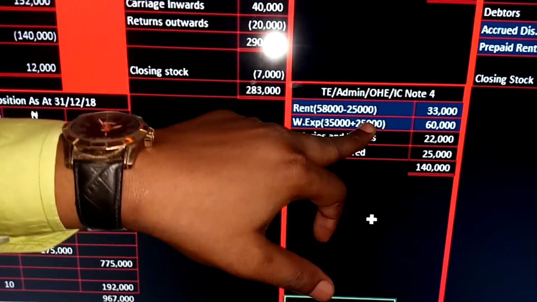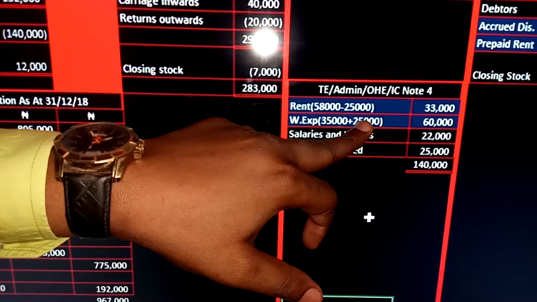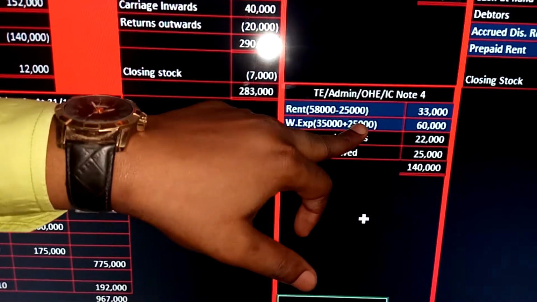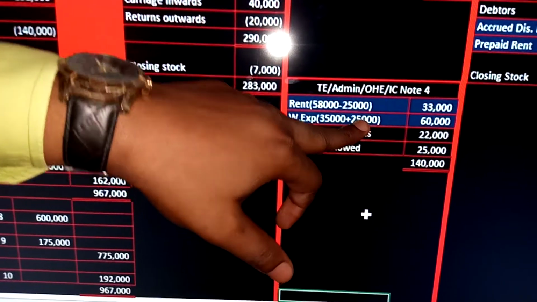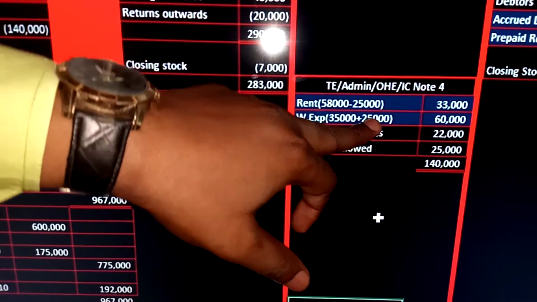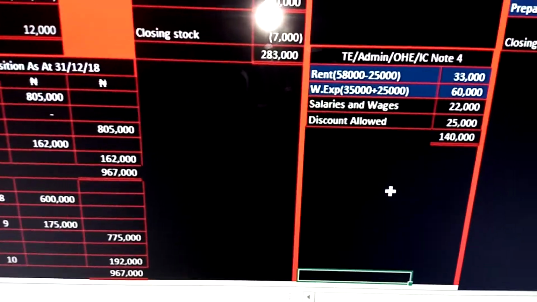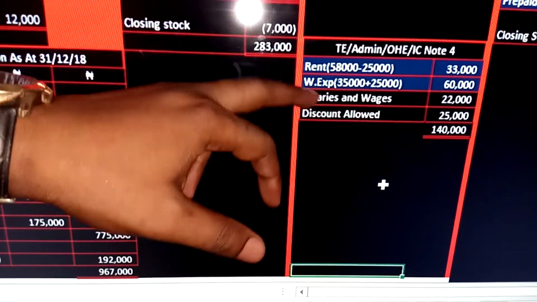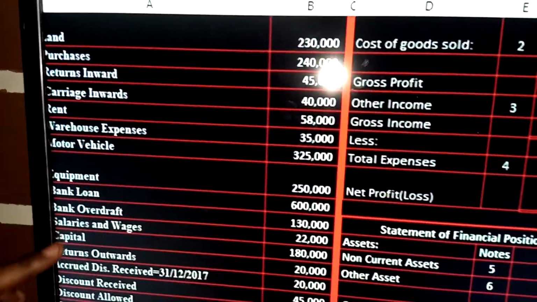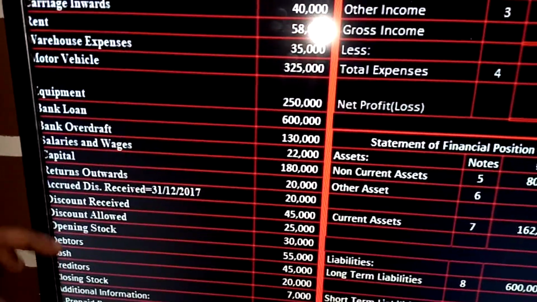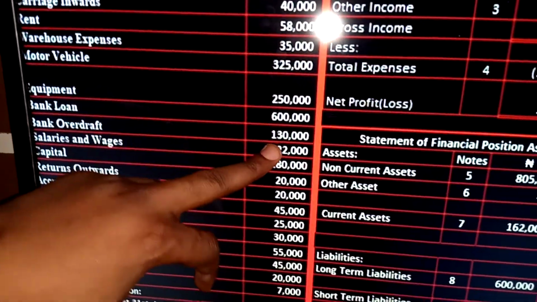And remember, the 25,000 here is owing because you have enjoyed it but you have not paid. So you are owing someone. That person is a creditor, and that's a liability. So this 25,000 will be a liability item. The next one is salaries and wages. There's no adjustment, so we just pick 22,000 from the question. The next one is discount allowed.